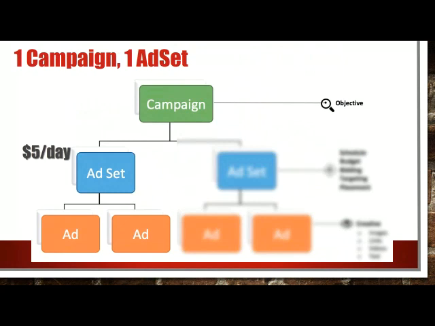If you're running one, and like I said, you probably want to do ad sets for each of the different hooks, at least for a week or so, to see which one works. You just turn those off, move your budget over to the ones that you know are working, right? But $5 a day, and you set that at the ad set level.